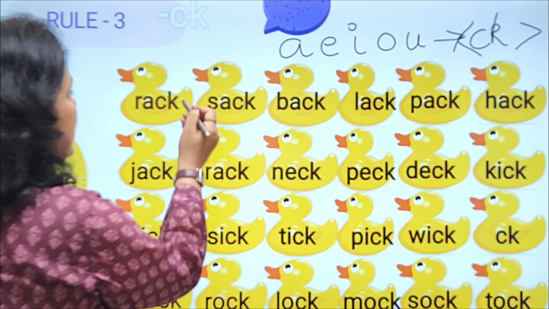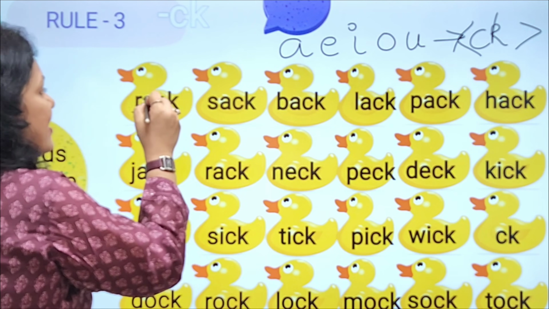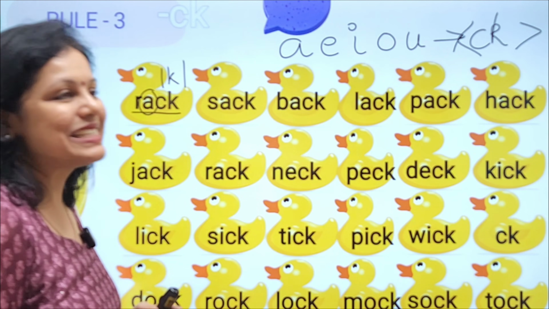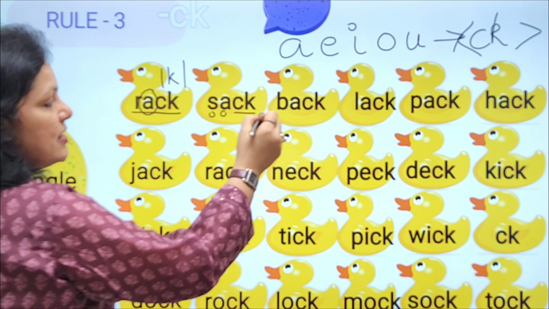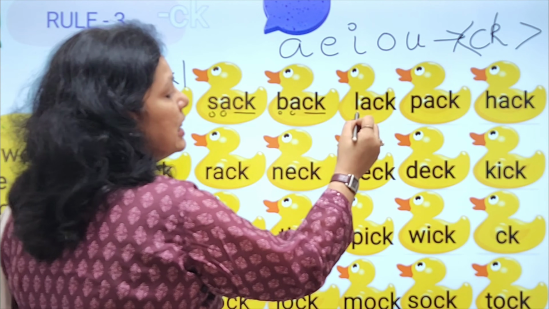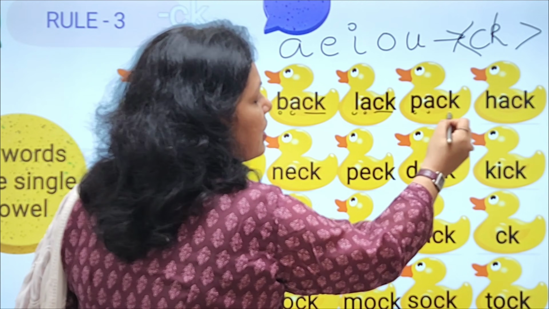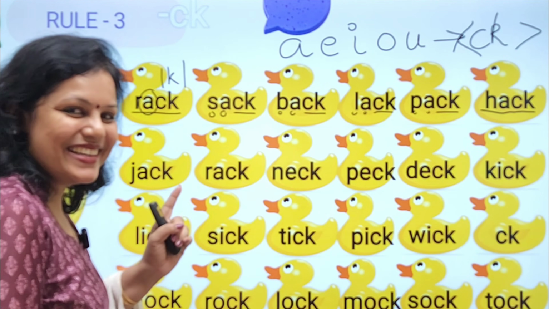Now let us see the word sack. Since this is A, that is why what is the K sound here? It is CK. Sack, sack. Back, back. Lack, lack. Pack, pack. Hack. Easy hai na?